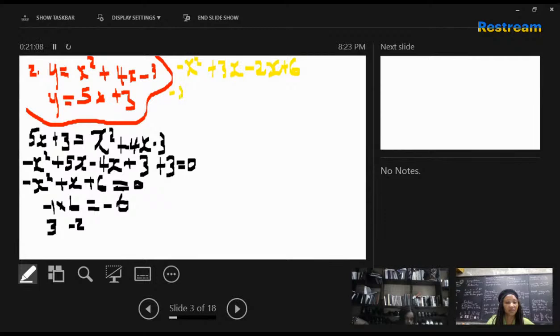Negative x into negative x squared gives positive x, and negative x into negative 3x gives negative 3.